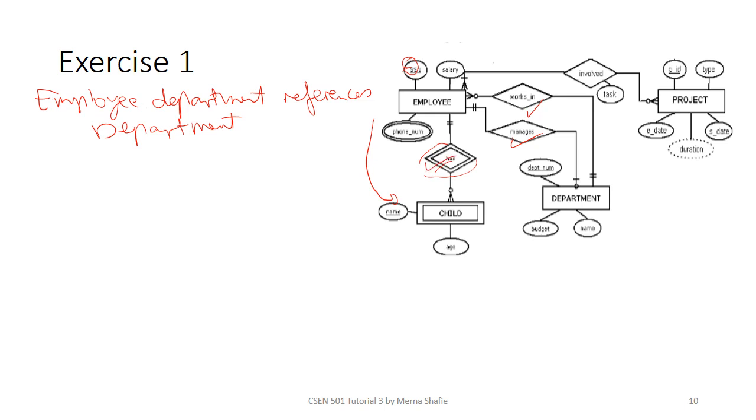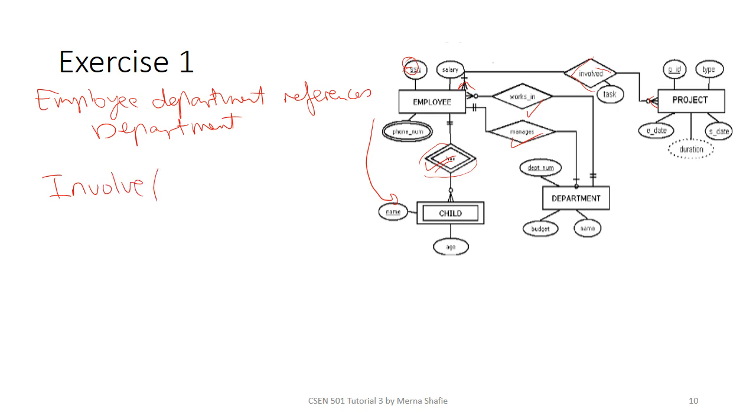Now, the last relationship that is there is involved. What type of relationship is it? It's a many-to-many relationship. It has many on both sides. And what did I say about the many-to-many relationships? We always make a new relation. So it's a relation, involve. And what attributes will it have?